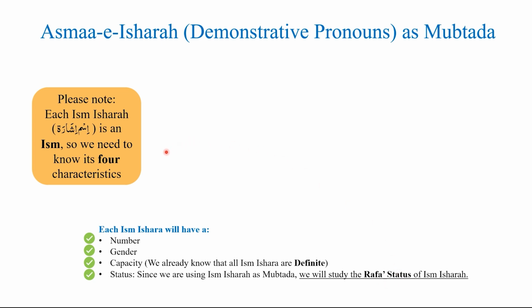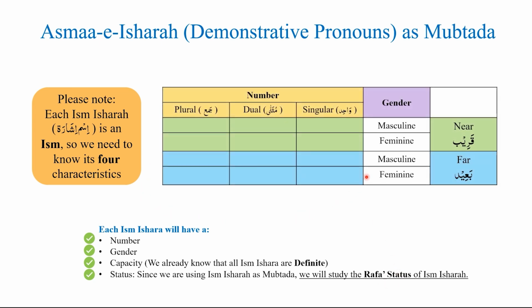We can put all of this together in the form of a table. Here we have Asma Ishara or demonstrative pronouns for near and for far. The term used for near is qareeb and the term used for far is ba'id. Furthermore, for each Ism Ishara in the table, we will study the different gender, whether it's masculine or feminine, and we will get to know the number, whether it's singular, dual or plural.